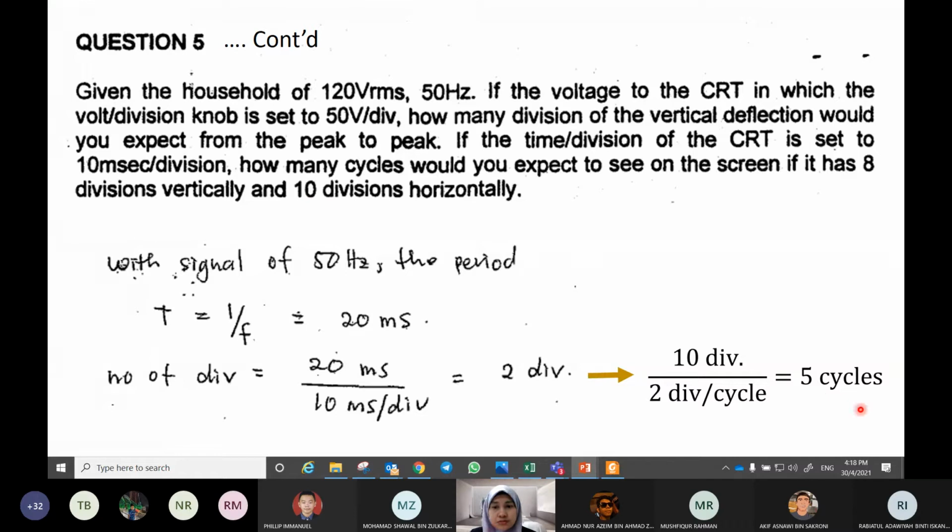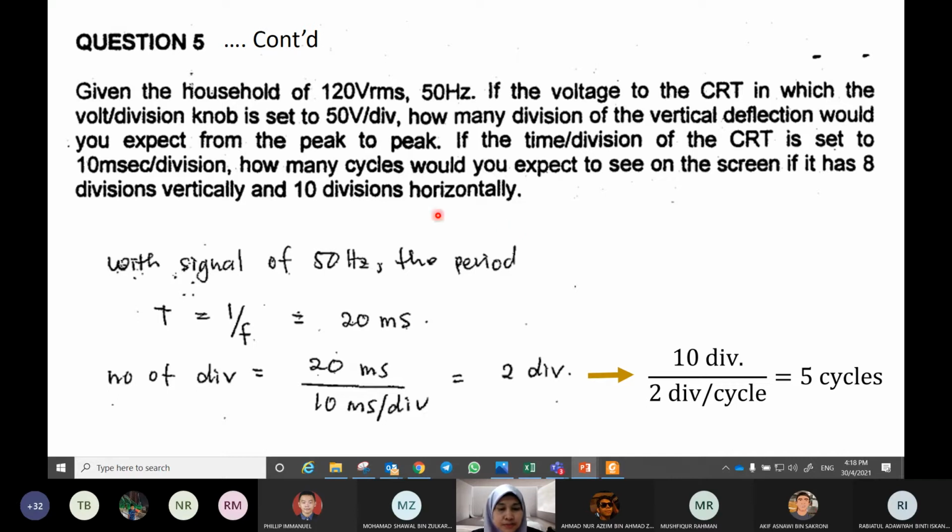So if there are 10 divisions, meaning 10 divided by 2 divisions for one cycle, we get 5 cycles. So we will have 5 cycles of the sine wave on the screen.